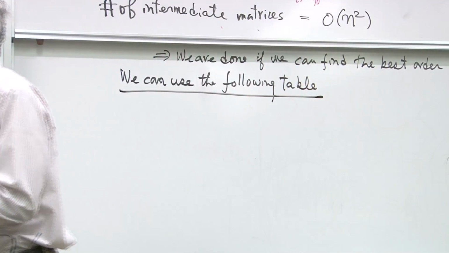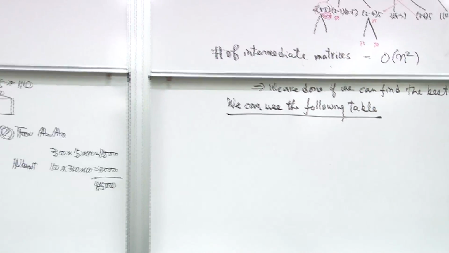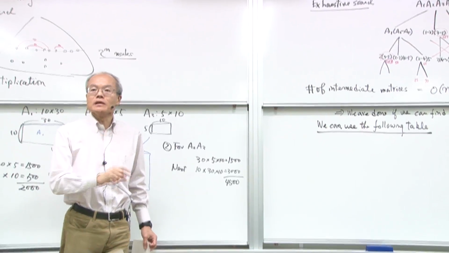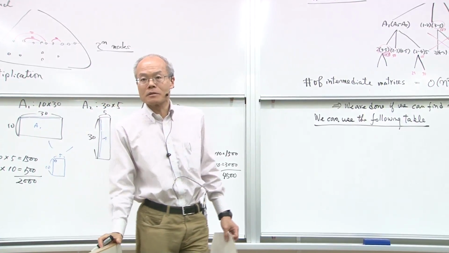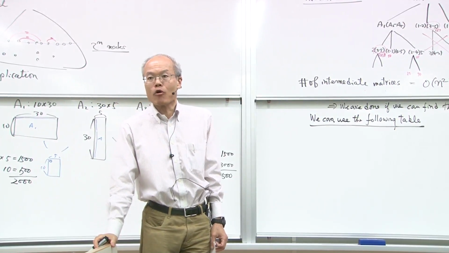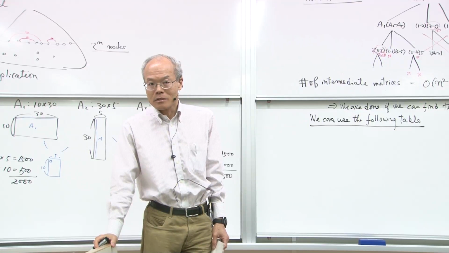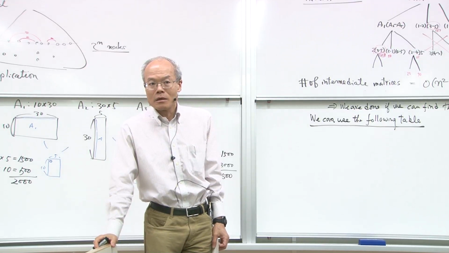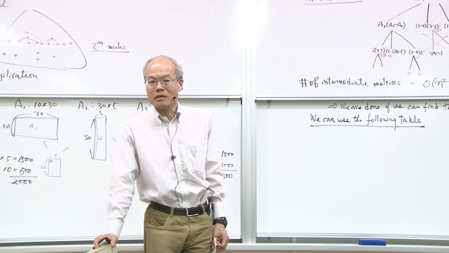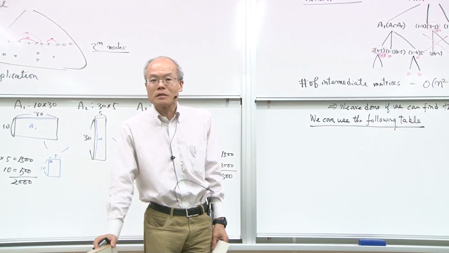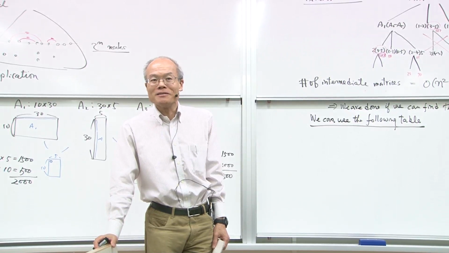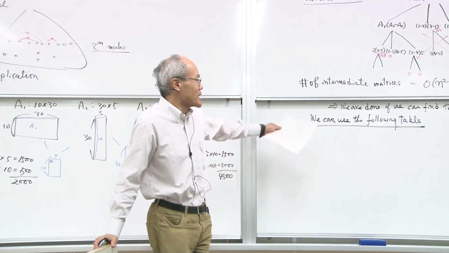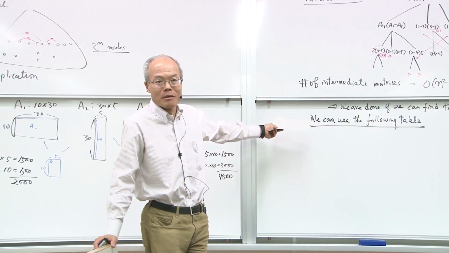And the table exactly looks like what you see in the standard textbooks explaining dynamic programming. So when you see explanations of DP, you usually come across this kind of table.